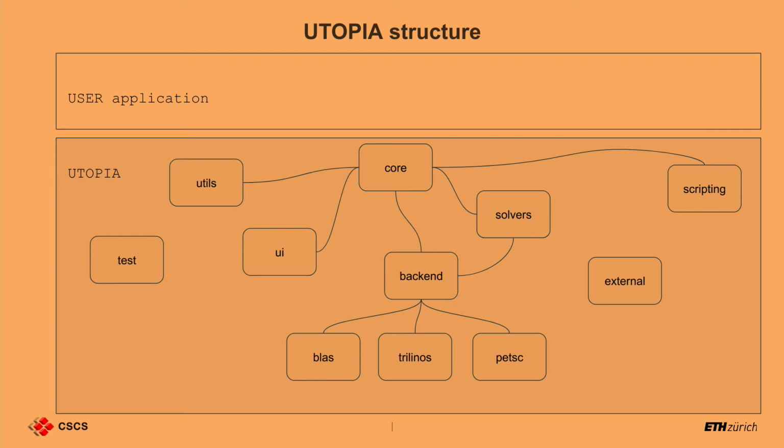The import and all the input-output is defined in UI, and then we have other functionalities like utils for debugging, for tracing, testing, and external, where we put, for example, TinyExpr, which is used for evaluating the expression tree and scripting.